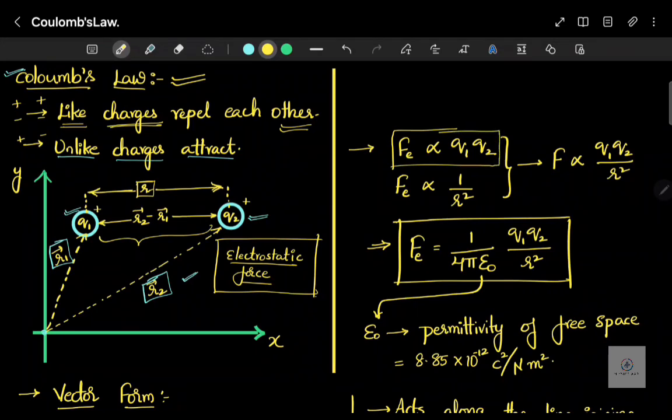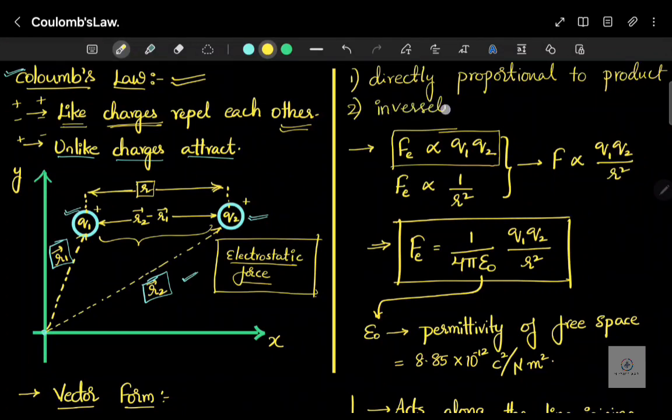It is directly proportional to the product of charges, and inversely proportional to the square of the distance.